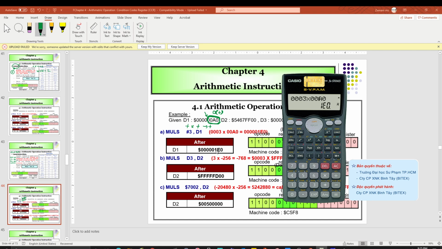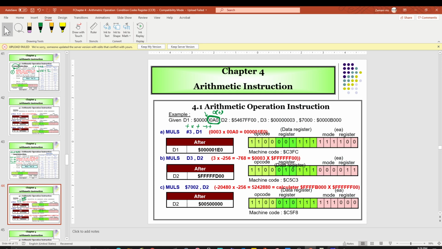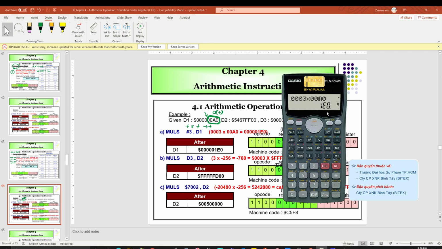Because you have to complete the whole long word, right? So you have to put all 0s at the front here, because there is nothing at the front, to make sure it's a long word size.